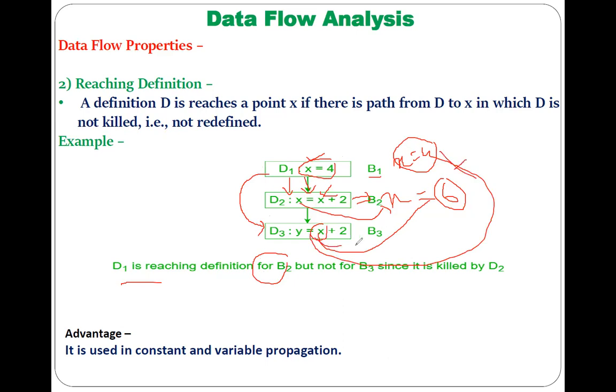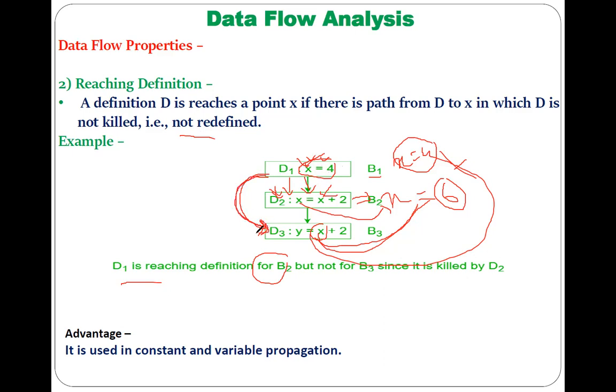So the value of x from D1 to D3 is getting killed, when x equal to 4 does not remain 4 and becomes x equal to 6. Then this x is getting killed at the point D2, because the value of x is modified at D2.